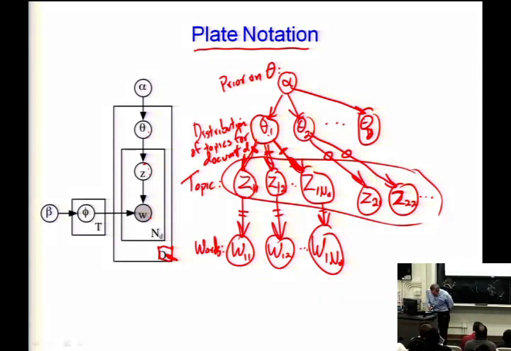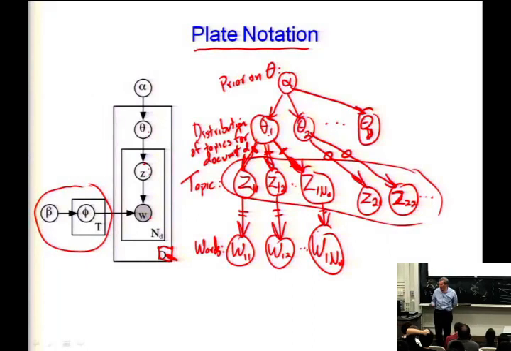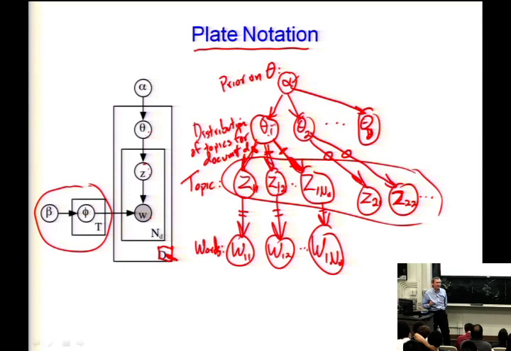Okay, so let's see. What should I say about this beta and the theta here? The beta is really just one of the parameters in the model, as are alpha and theta. Those are just probability parameters.